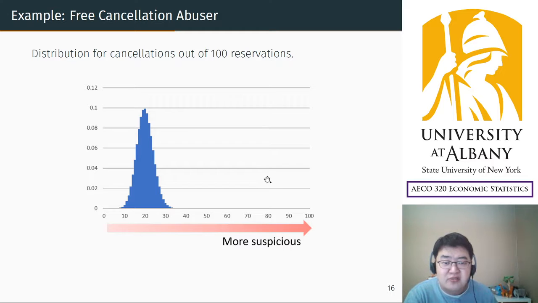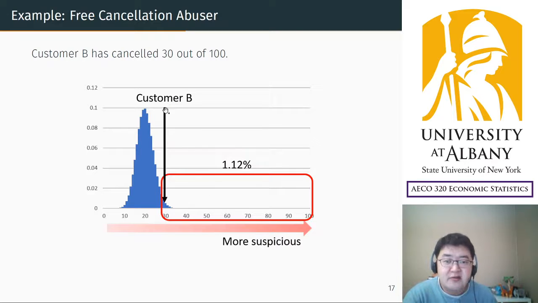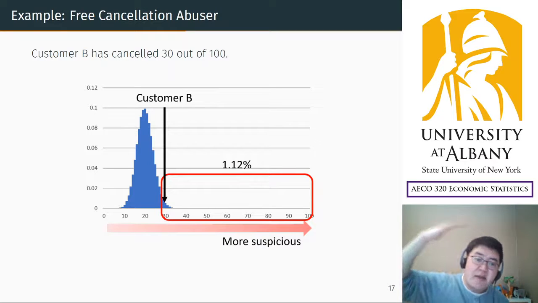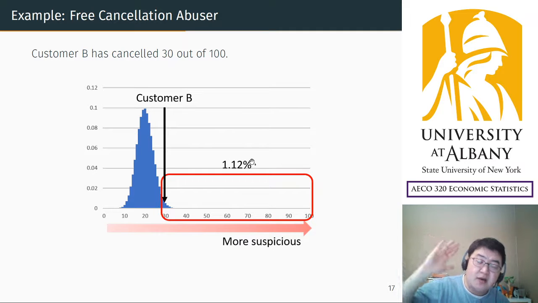You have to stop at some point. Customer B is here at 30, and if you would like to ban up to customer B, then that includes 1.12%. So there are 1.12% of customers who are more suspicious or equally suspicious as customer B. So customer B is top 1.12% suspicious.